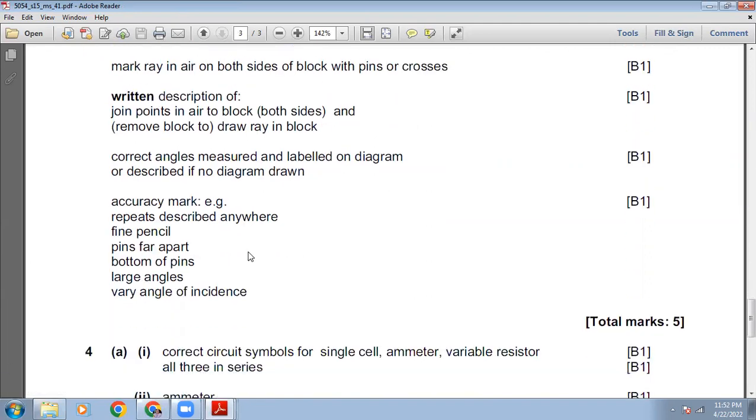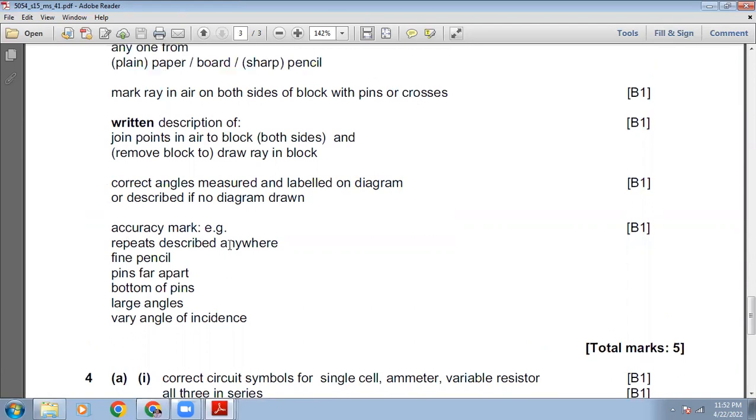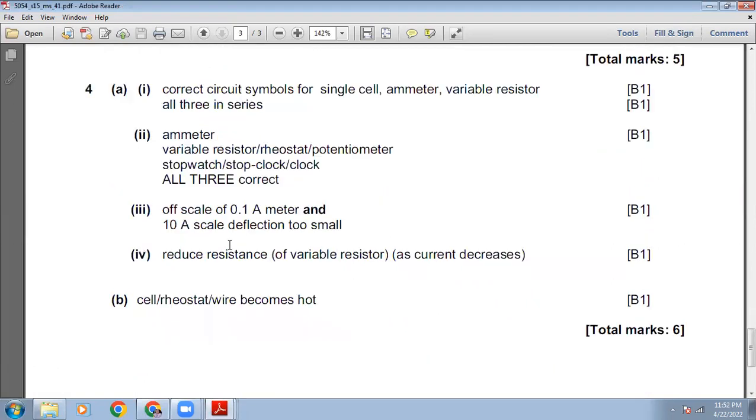Correct angles measured and labeled on the diagram, and described if no diagram is drawn. Accuracy mark, for example repeat, described anywhere, fine pencil, pins, bottom of the pins, large angles, vary angles of incidence. So this is the marking scheme of this question, and you can write a better answer than my answer.